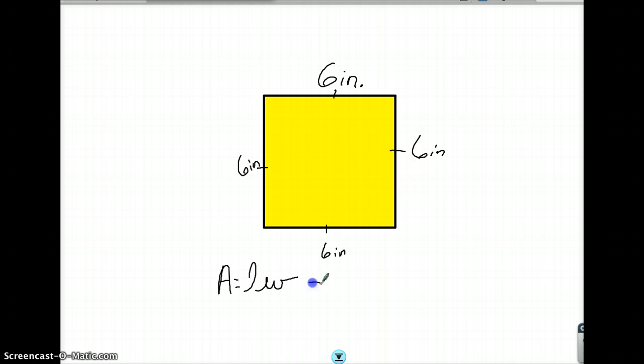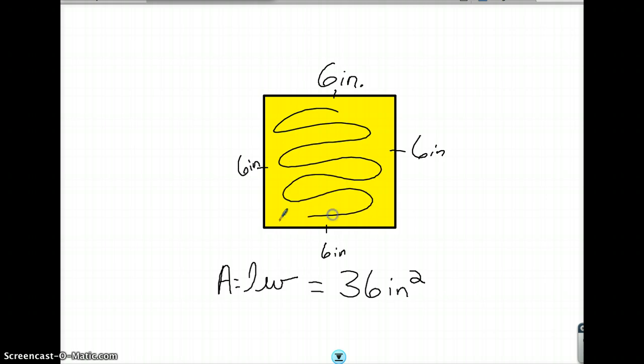And so we would get an answer of 36 inches squared. That's important because we're talking about the space inside of the shape, right? The area inside of the shape, not the distance around it. Now, because it's a square, you could really just say that the area is one of the sides squared, because you're multiplying it by itself.